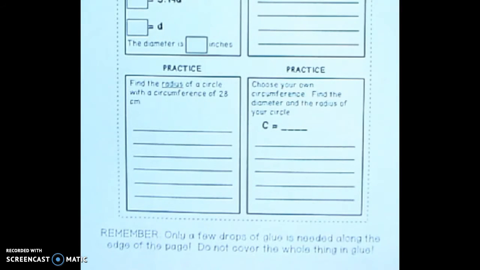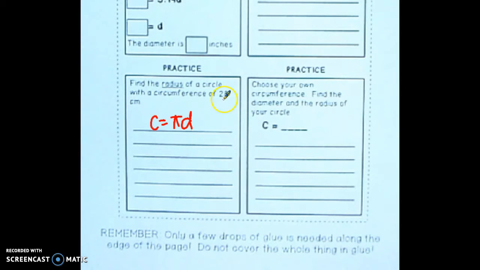Find the radius of a circle with a circumference of 28 inches. So C equals pi times diameter.